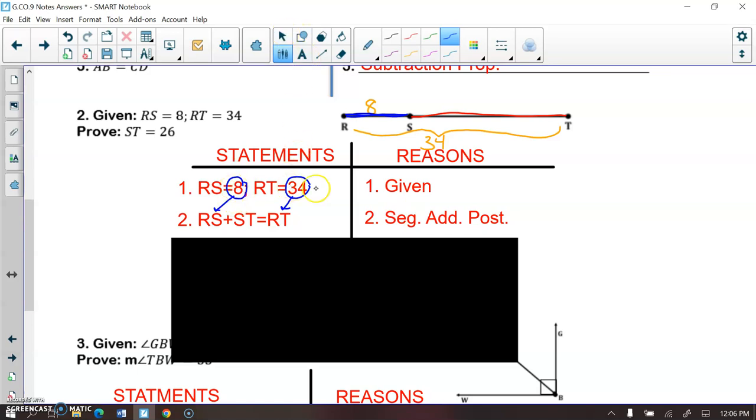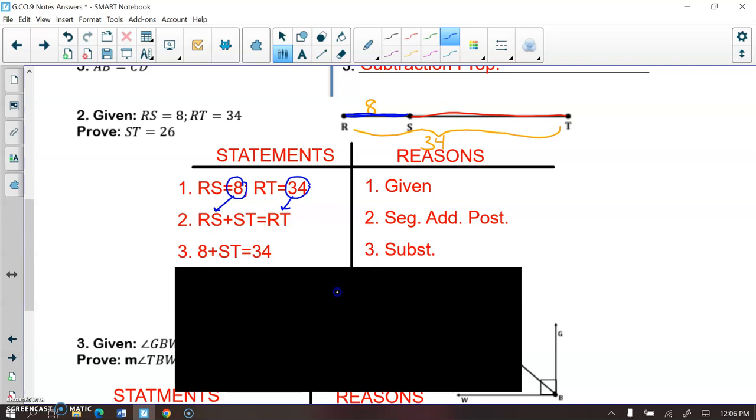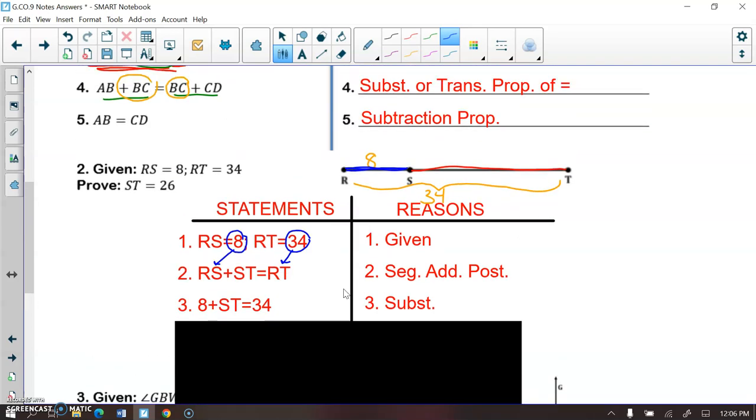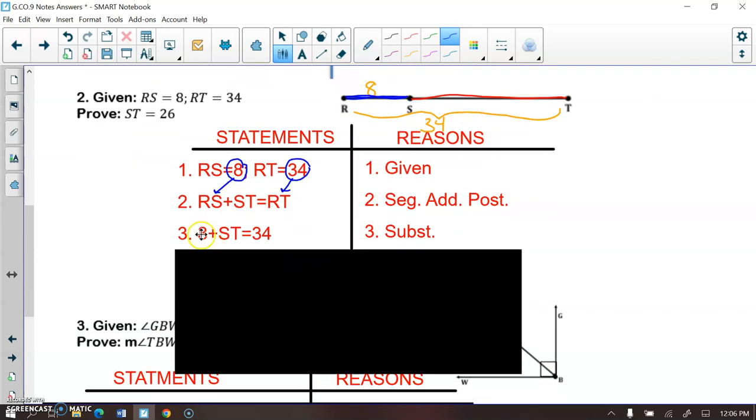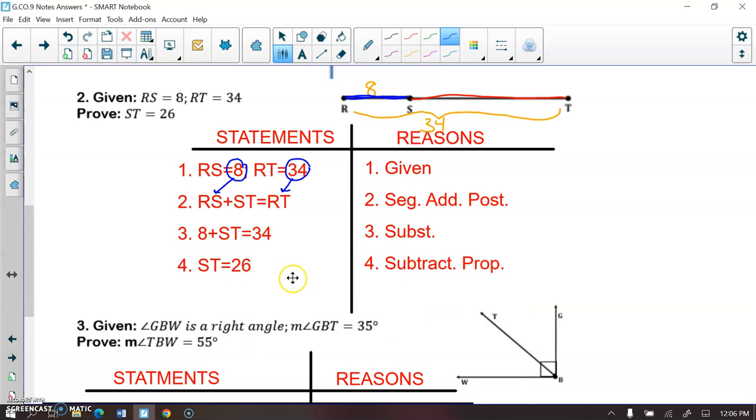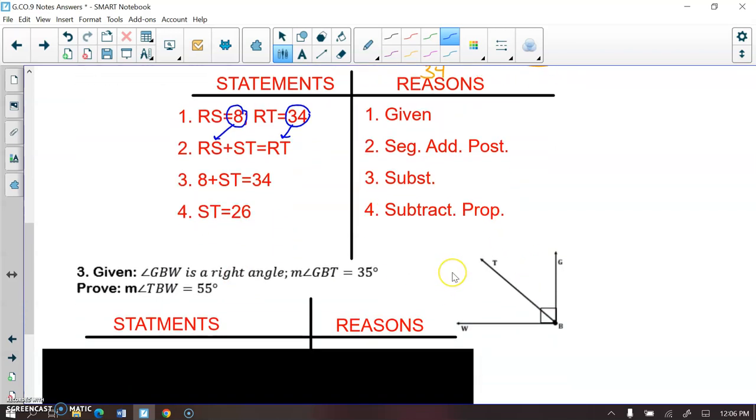Here, I'm actually taking numbers and putting them into an equation. That is only substitution. And then I can subtract 8 from both sides to get ST is equal to 26. And this is a way you can abbreviate subtraction property.